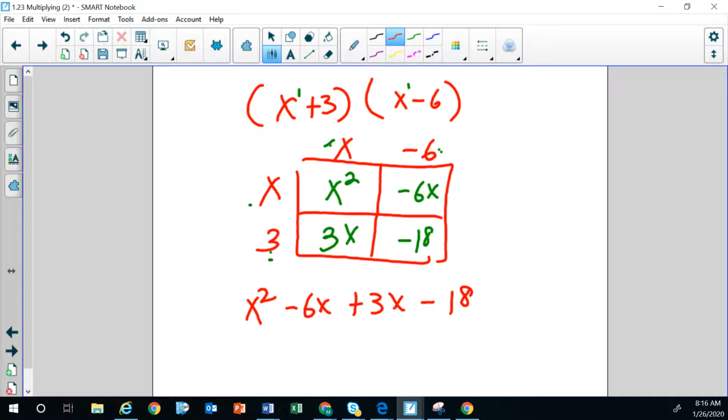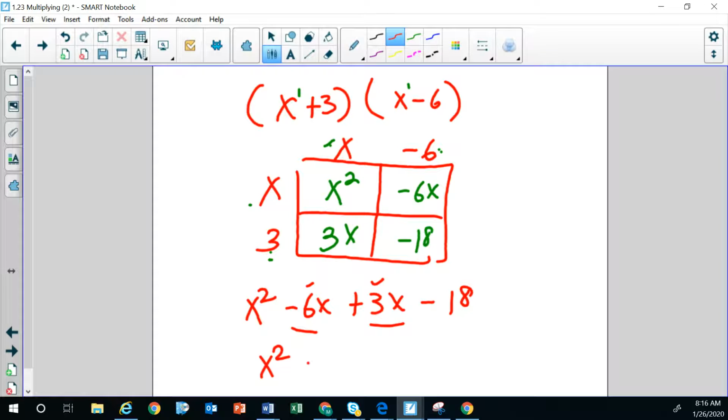Now, if you notice, I have like terms. I have a -6x and a positive 3x. I can combine those two terms. If I combine them, remember, I'm only going to add the coefficients. So that's going to give me x squared. If I add a -6 and a positive 3, that's going to give me a -3.